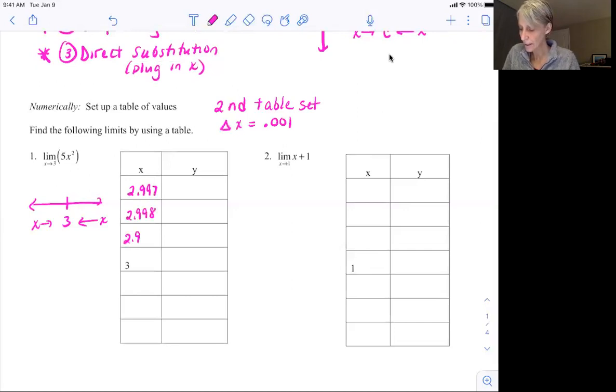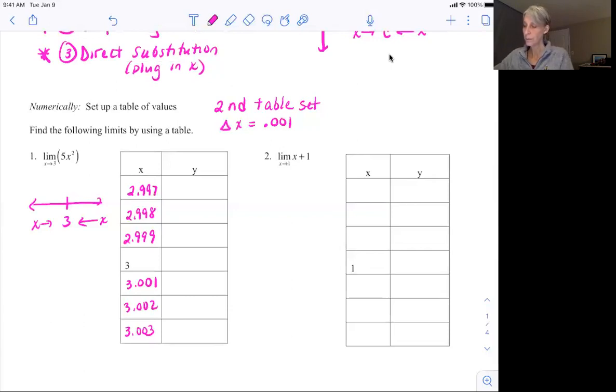See how my numbers are getting close to 3, and in the other direction, 3.003, 3.002, 3.001. Now you could do this differently, but if we all use the same delta x, so to speak, change in x, everyone's answers are going to be the same.